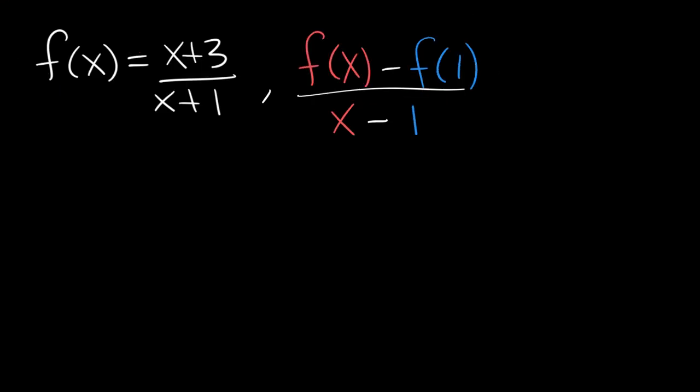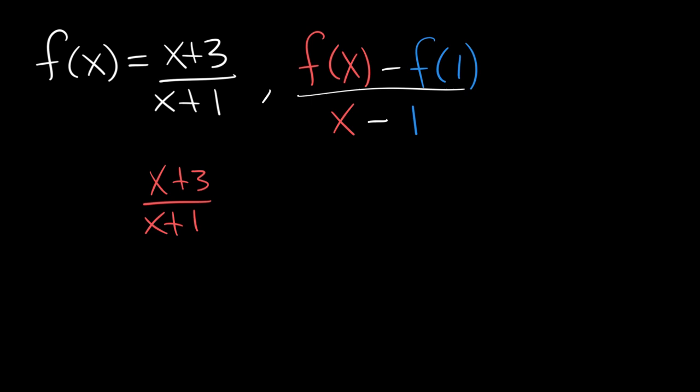So for this one, f of x is x plus 3 over x plus 1. So like I did with the others, I'll substitute f of x in here and then f of 1. So this one actually should be pretty easy. We would start with f of x, which is x plus 3 over x plus 1.